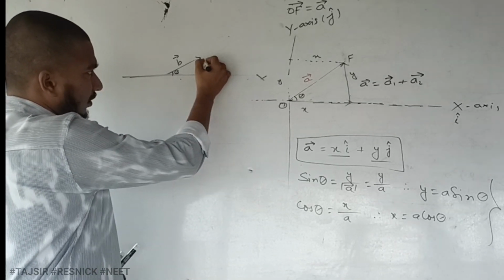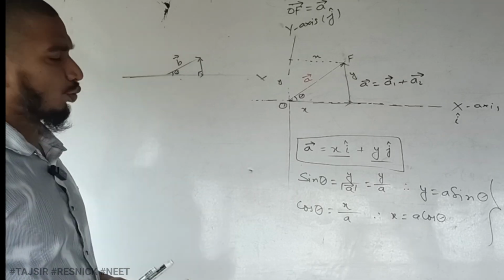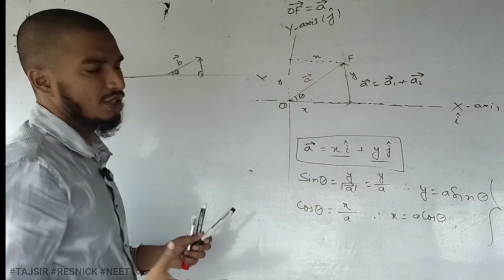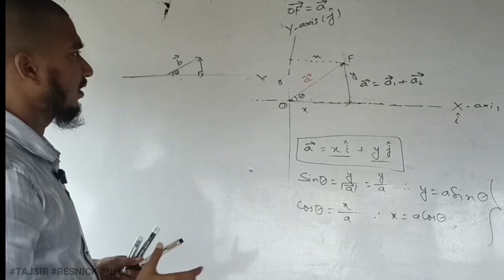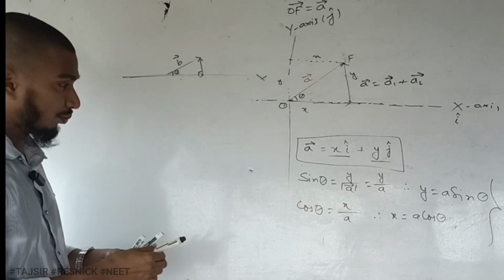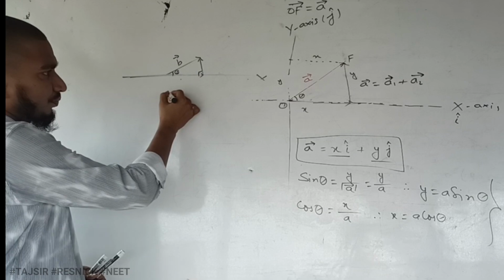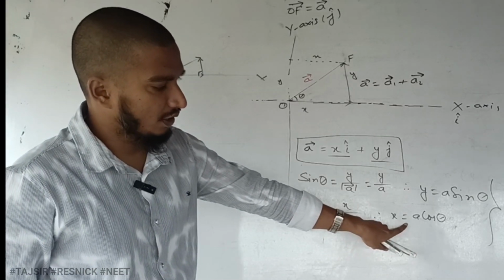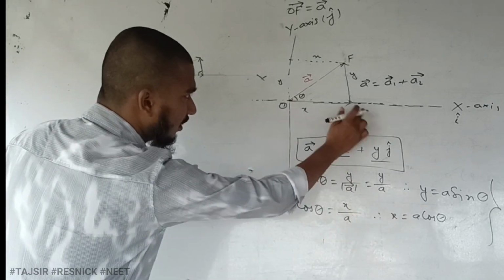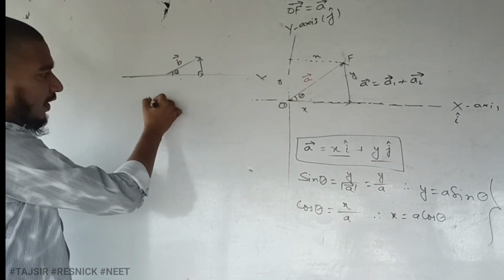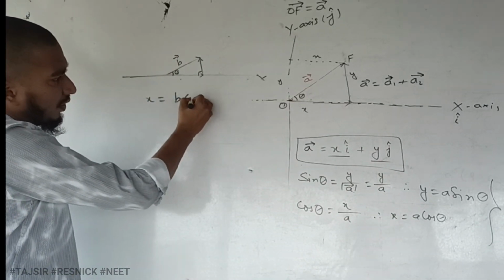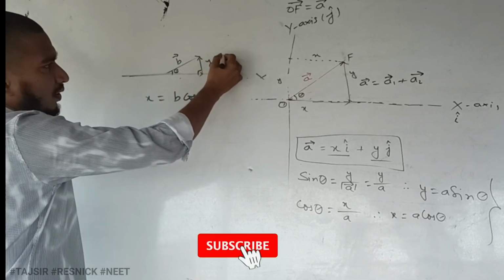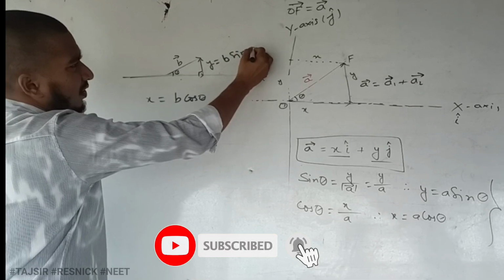These two resolved parts are perpendicular because we have used x axis and y axis. Along x axis the component will be B cos theta, and along y axis the component will be B sin theta.